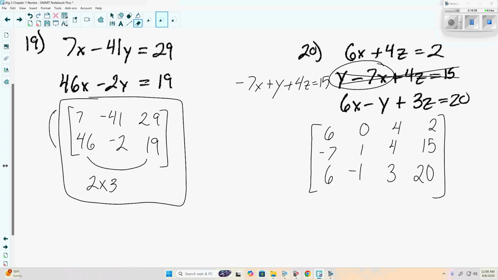Just because there wasn't a number written in front of either one of these y's, it is going to be 1, and the sign will be whatever sign's in front of it. So the last y was -1, the middle y was +1. Now the last thing we need to do is our dimensions. This here would be a 3x4.